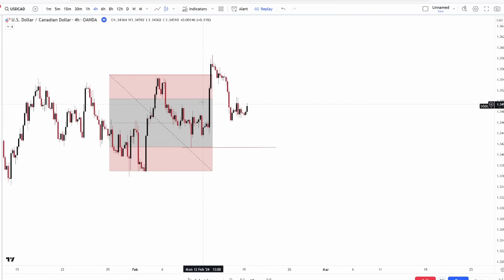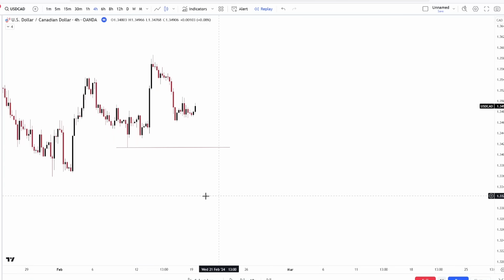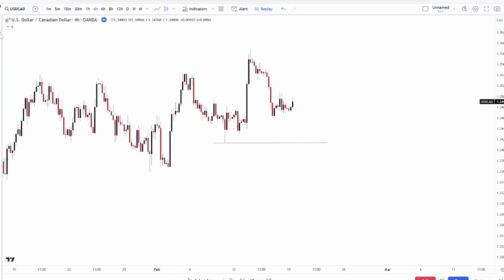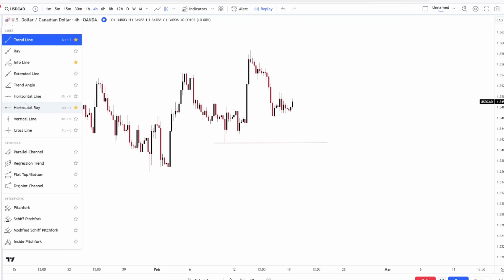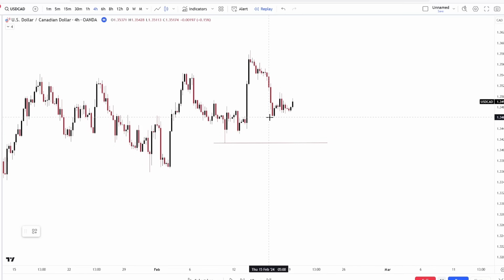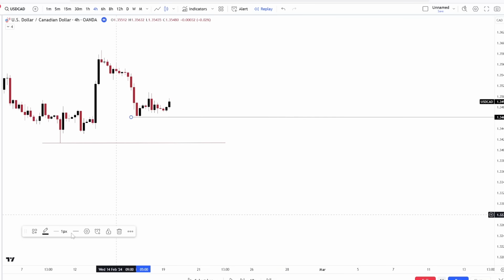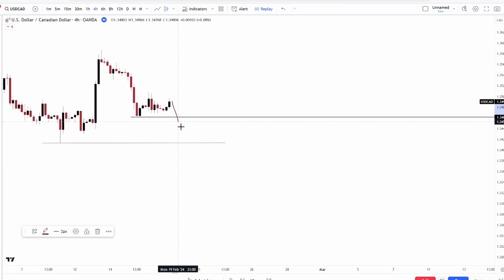So what are we going to do here? We're going to mark this level. And if price does get below this swing, what are we anticipating? If price gets below this swing, we're anticipating a stop hunt, price to trap sellers and continue with the macro cycle.